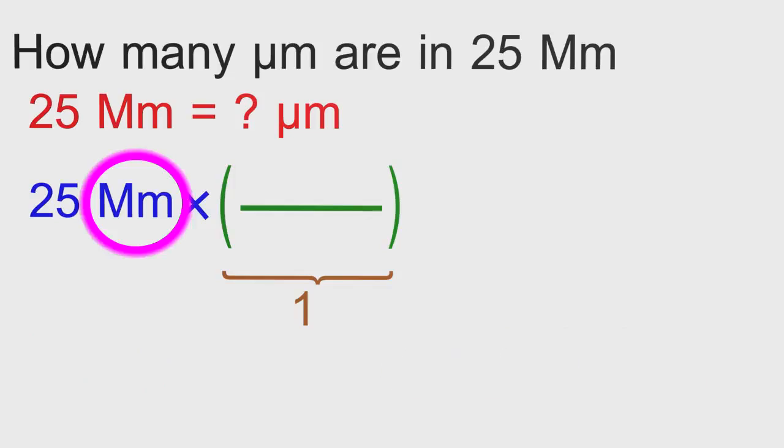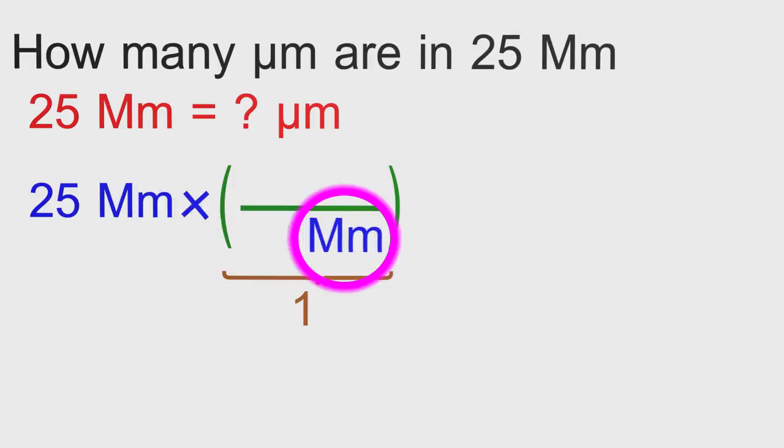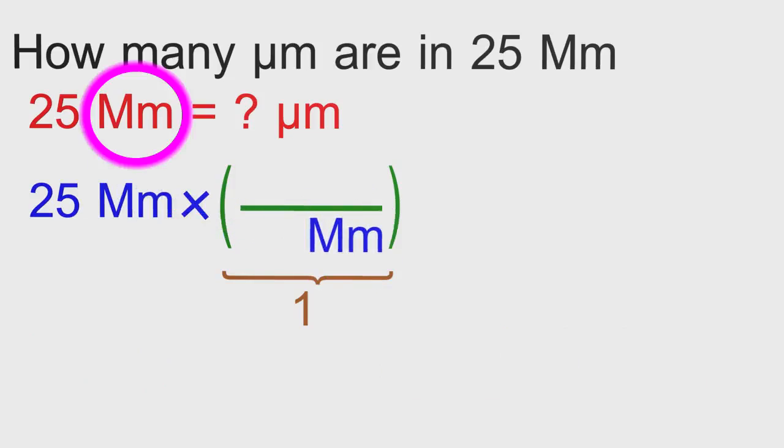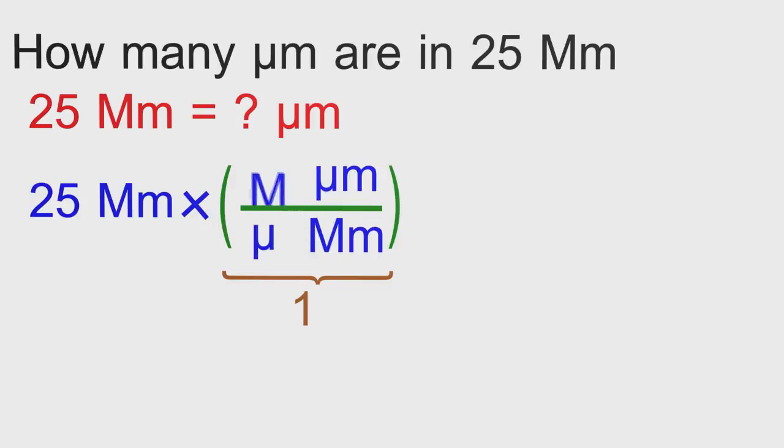Because the megameter is in the numerator, we put it in the denominator of the conversion factor. Because we want to convert megameter to micrometer, we put it in numerator. This is the general way of working. To make the conversion factor equal to 1, we write the prefixes this way. We see that its value is equal to 1.